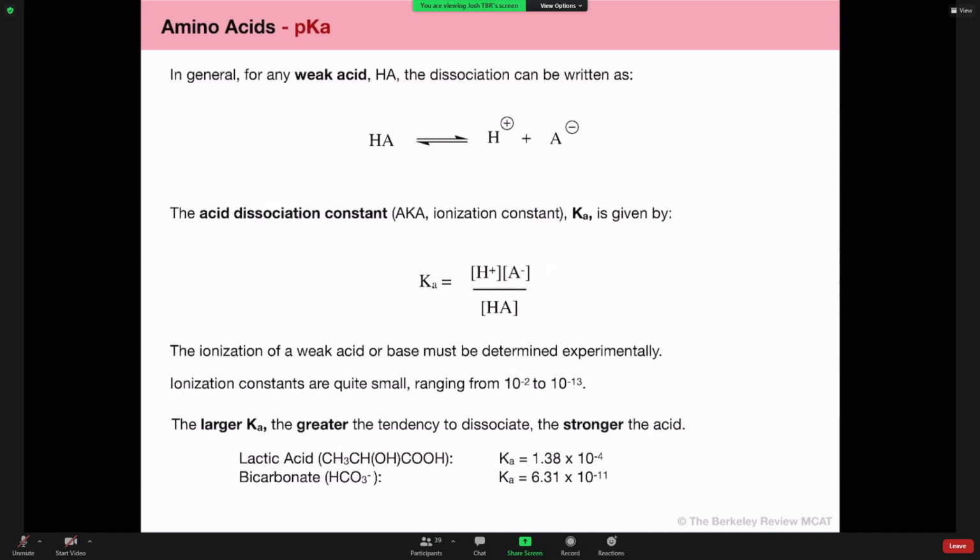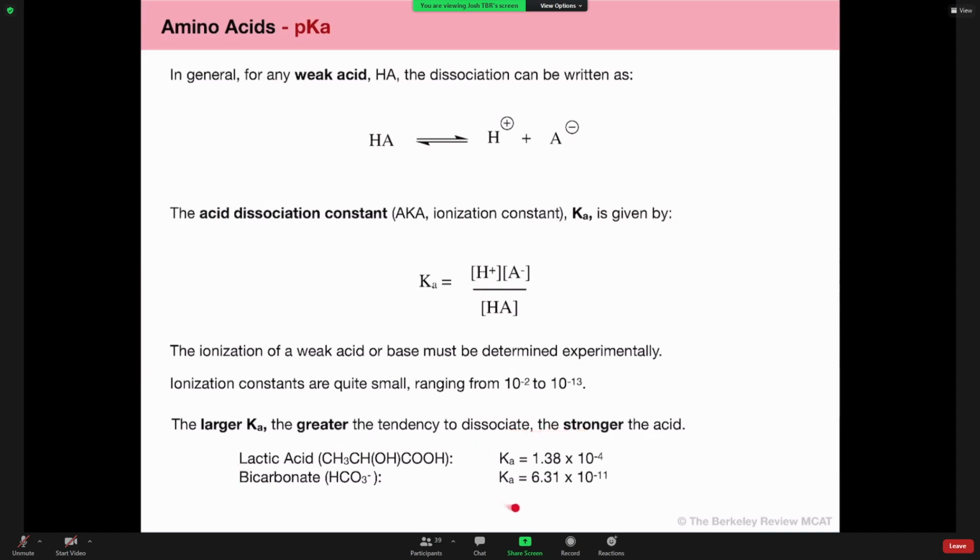All right. And so here's an example of two very common biologically relevant molecules. Okay, you have lactic acid, which we're actually going to talk about in the next lecture when we talk about glycolysis, and then bicarbonate, which we're going to talk about later when we're talking about blood, hemoglobin and sequestering CO2.